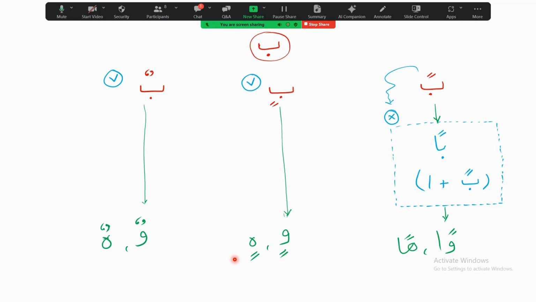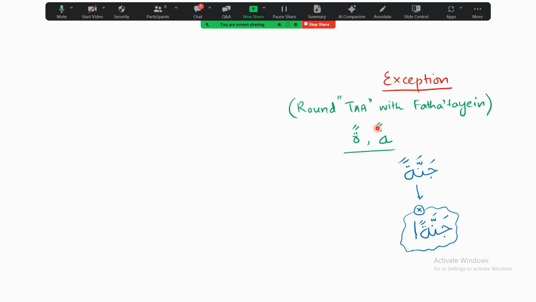So for now, you are already familiar with this thing. But I told you that in 99.9 cases, after the tanween of fathatain, we say alif. Okay, but there are obviously exceptions, just little exceptions, like 1% you can say. The one exception I am going to show is the round ta: whenever there is going to be tanween of fathatain with the round ta at the end, right?